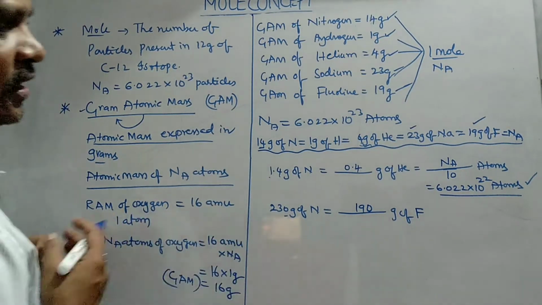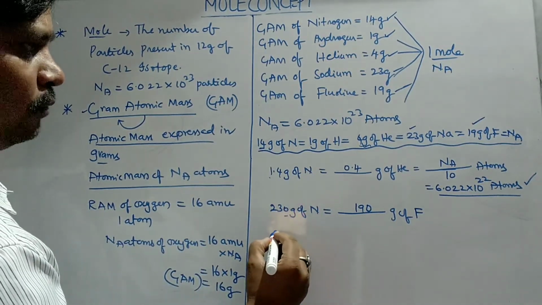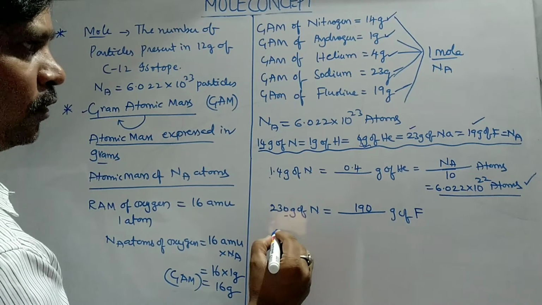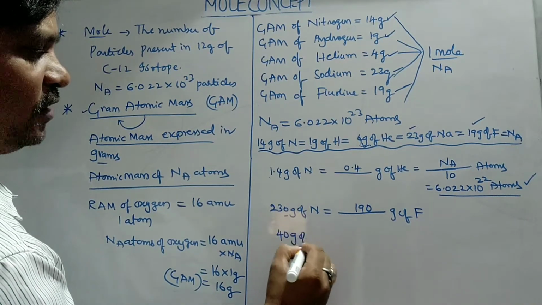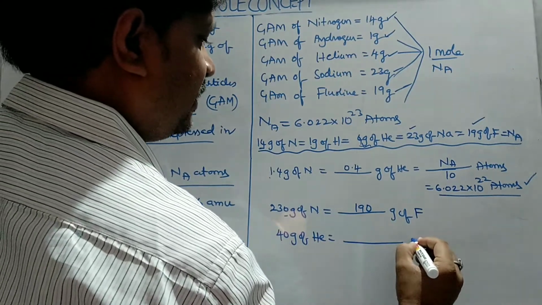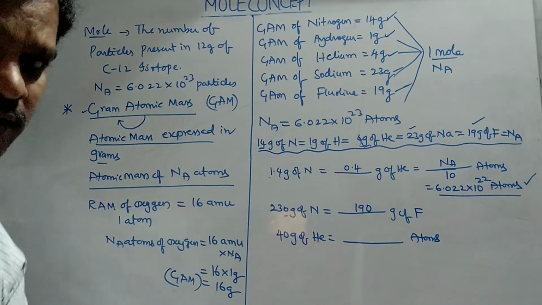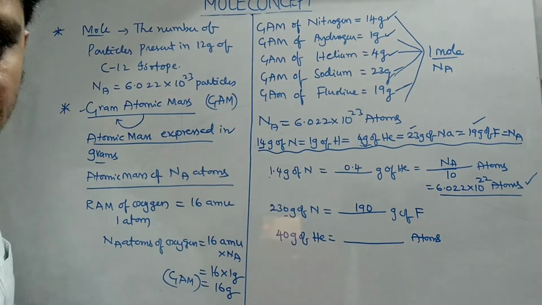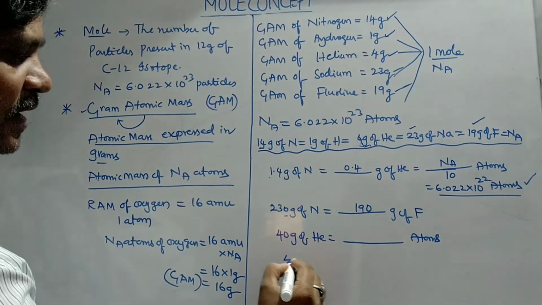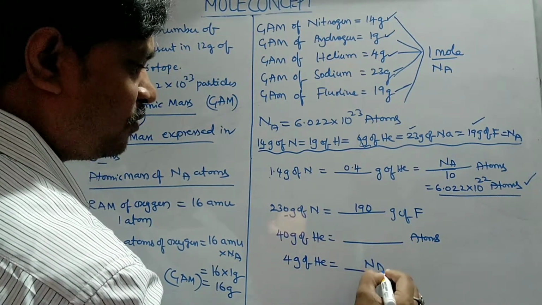A question is asked like this: 40 grams of helium has dash atoms. As you already know, 4 grams of helium has Avogadro number of atoms.